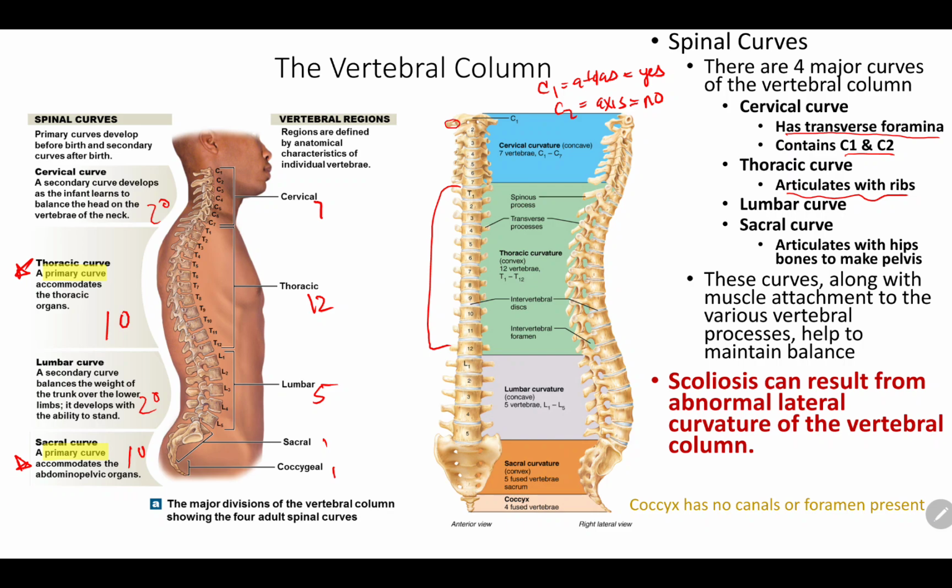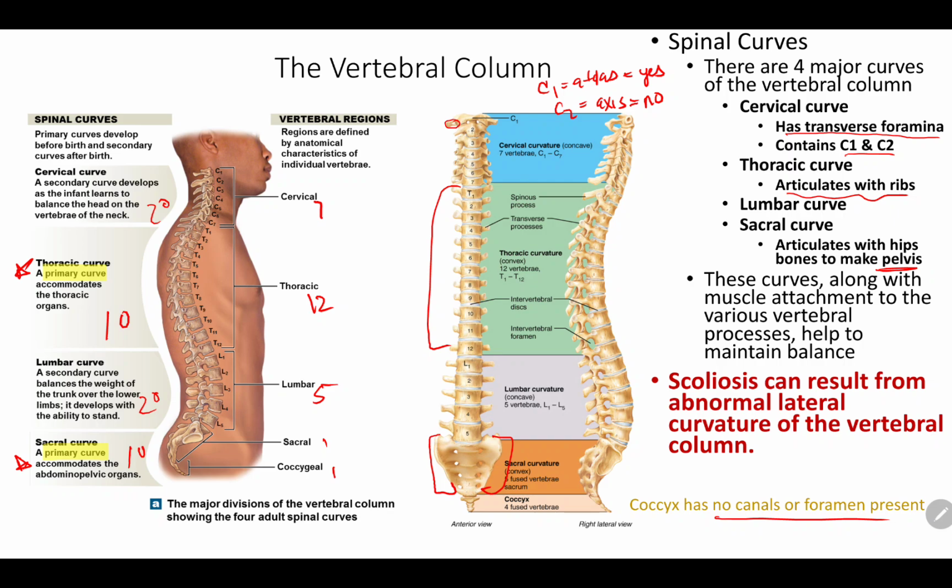And so the sacrum, right? Remember, what's on the outside of the sacrum? It's going to be those hip bones. So that pelvic girdle articulates with the sacrum to make up the pelvis. And remember that the coccyx, notice how there's essentially no holes there. So the coccyx has no canals or foramina.